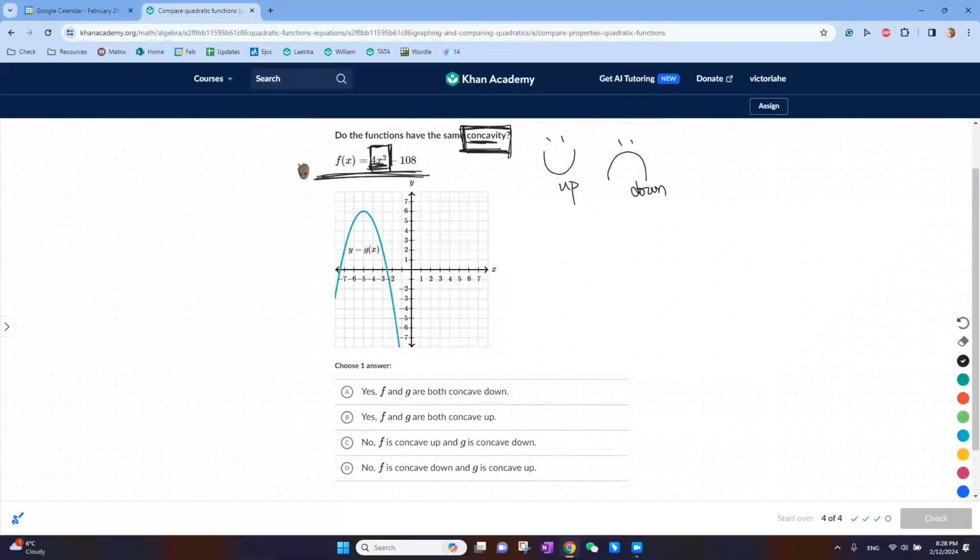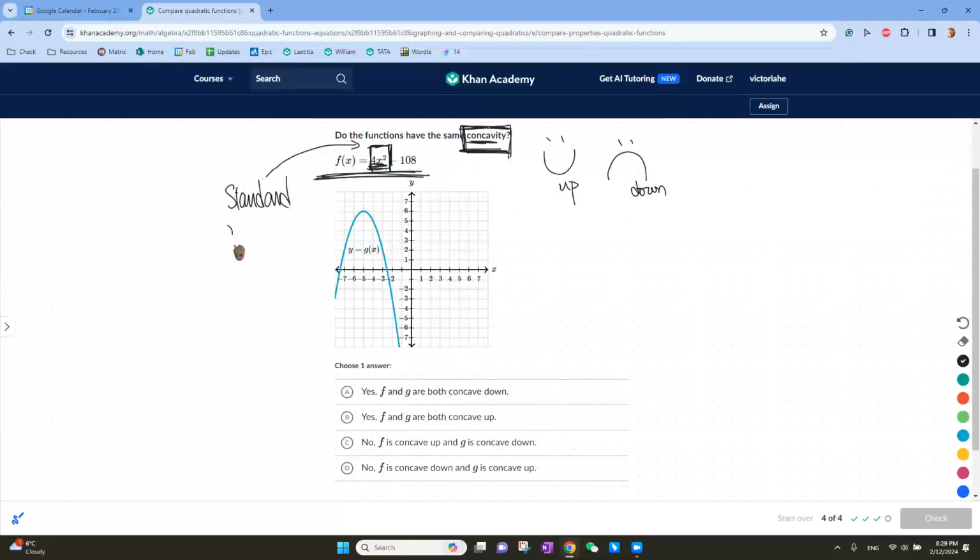What kind of form is this? Standard. Yes, this is standard form.